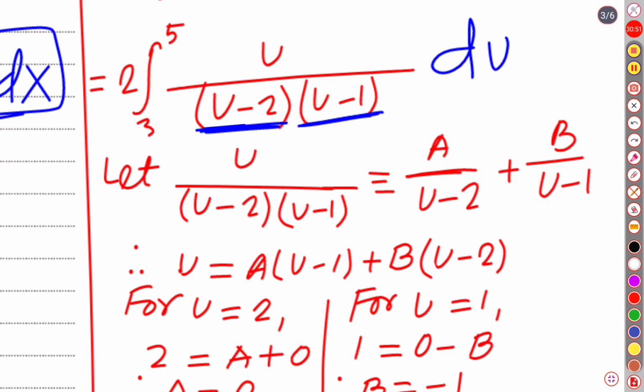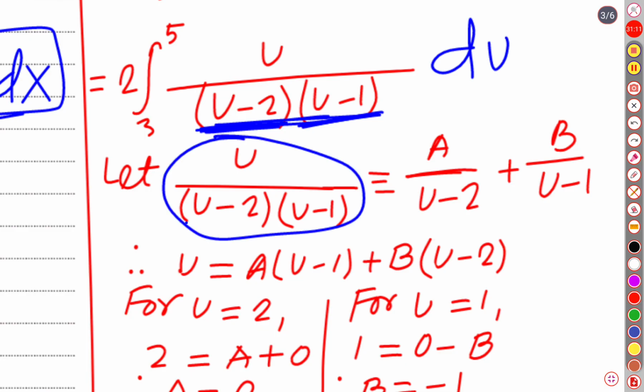Look at this, there are two functions together, in multiplying state in the denominator. In such cases we will have to find the partial fractions, that means this fraction should be expressed in partial form.